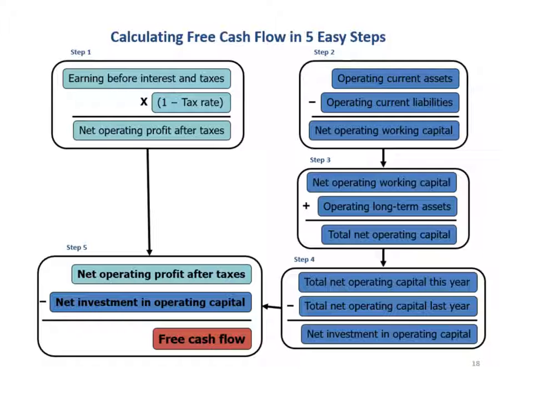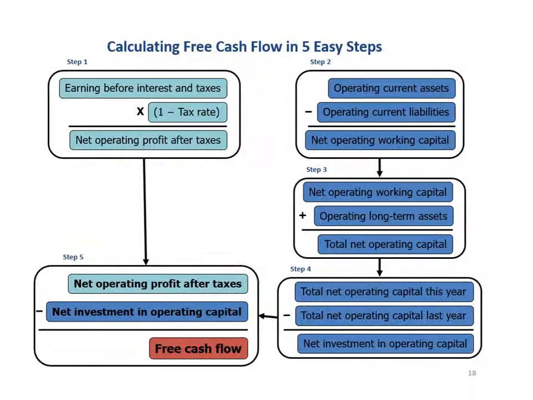For each individual year, for example 2012, we calculated the net operating working capital in the last step, and then we just add the operating long-term assets. This number can also be found from the balance sheet. Short-term and long-term together, we have the total net operating capital.